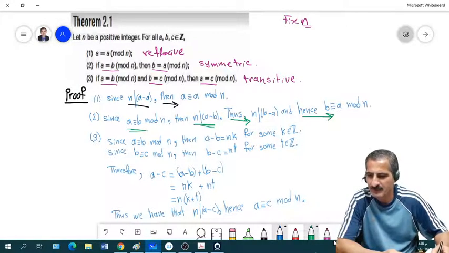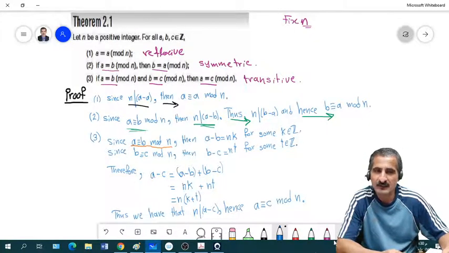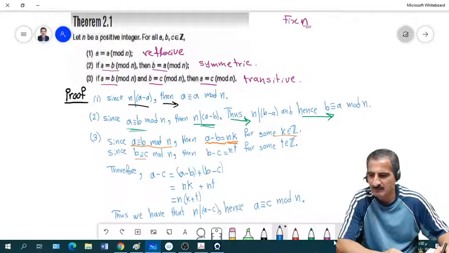Part 3. If a is congruent to b modulo n, that means n divides a minus b, which means a minus b is a multiple of n. So it equals n times k for some k in Z. For n to divide a minus b, it means a minus b is a multiple of n. Same thing here. b is congruent to c modulo n. That means b minus c is a multiple of n, which equals n times t for some t.